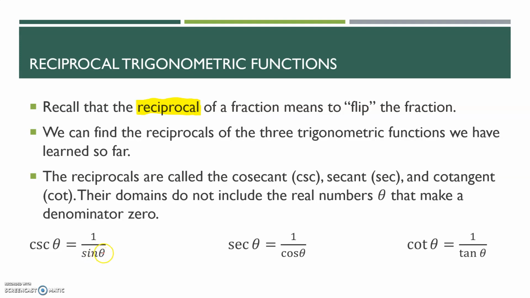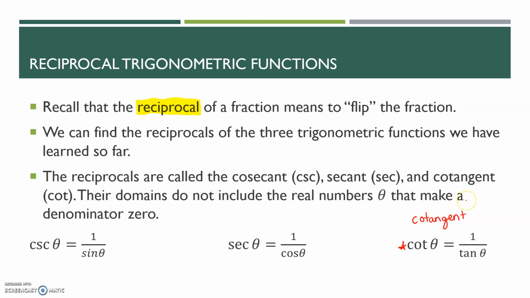So the reciprocal of sine is cosecant, the reciprocal of cosine is secant, and the reciprocal of tangent is cotangent. Now I think that tangent and cotangent are the easiest to remember because it's just the word tangent with co in front of it.